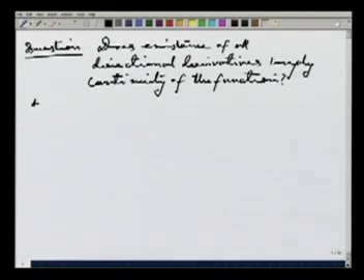Well, the answer to this question is no. That can be shown by the following example.